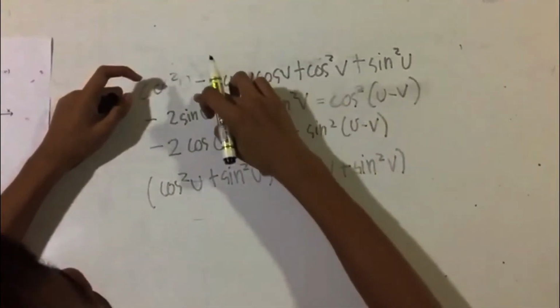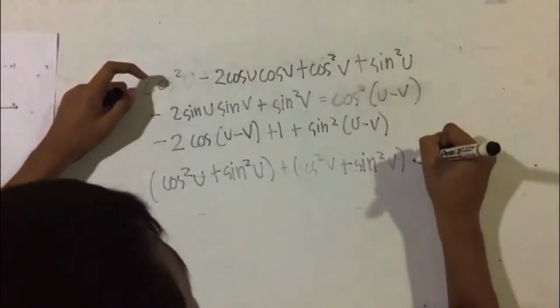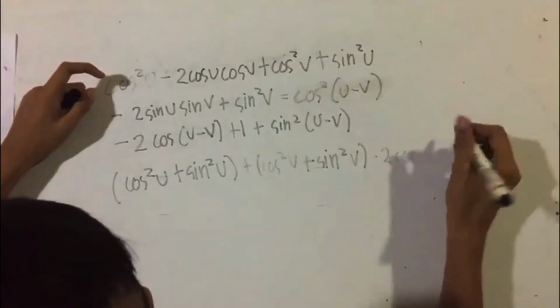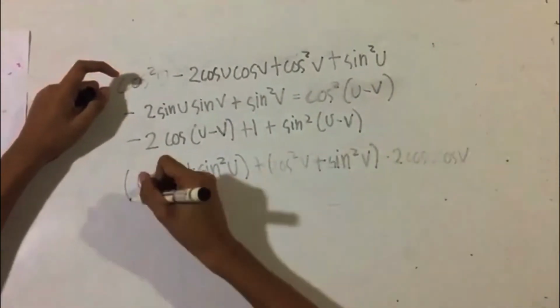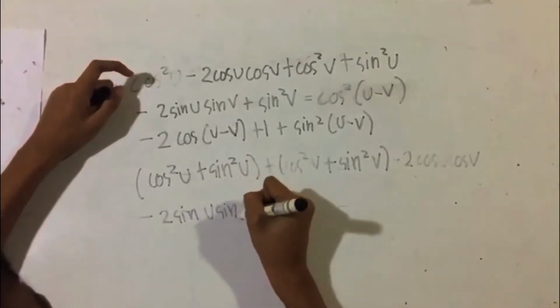And just copy the remaining terms that are not grouped. So minus 2 cosine u cosine v minus 2 sine u sine v.